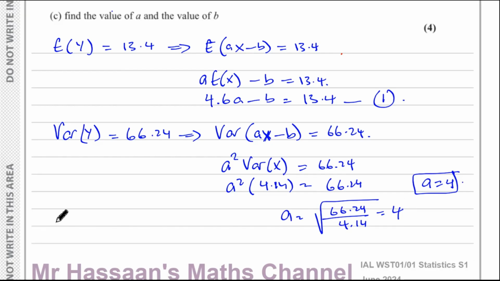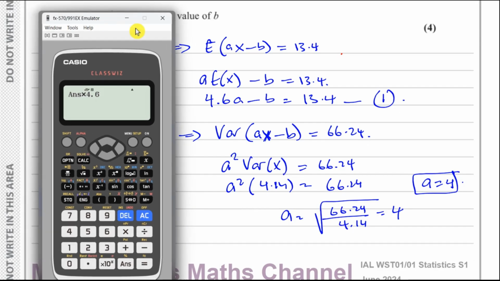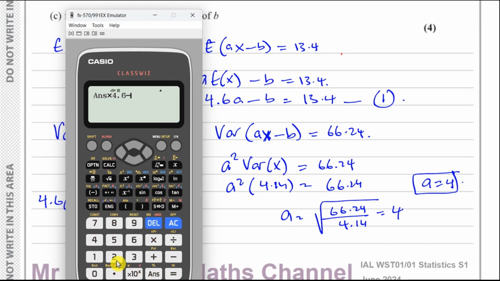Now we're going to find what B is. We can just simply use equation 1 here. We can replace the A with 4. So we have 4.6 times 4, minus 13.4, is equal to B. Just replace the A with 4, and we're going to subtract 13.4 from both sides, and that's going to give us B. So we multiply 4 by 4.6, and then take away 13.4.